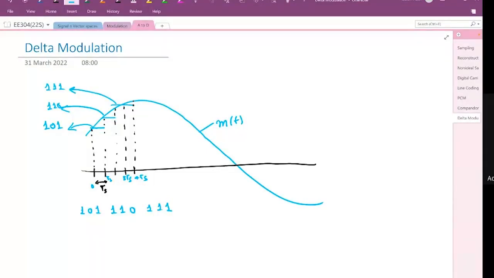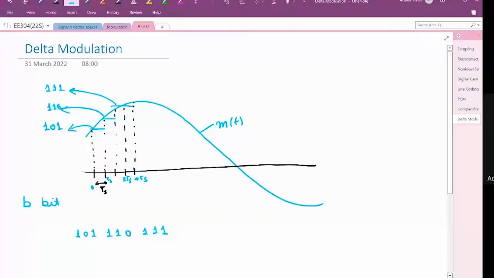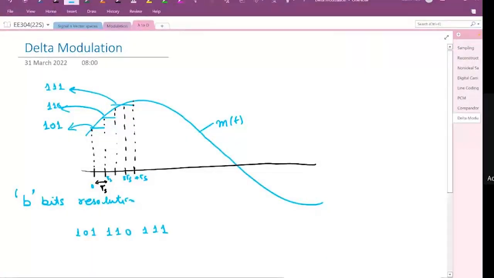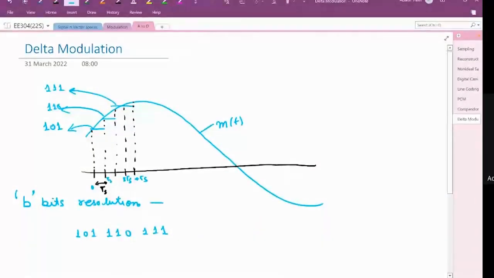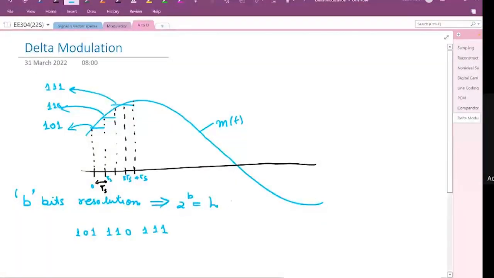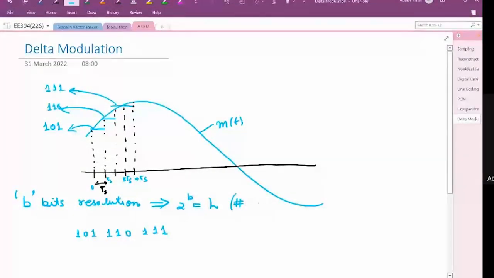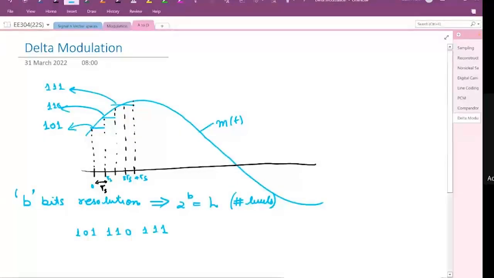That means there will be L levels, where 2 to the power b is equal to L, that is, L number of levels.